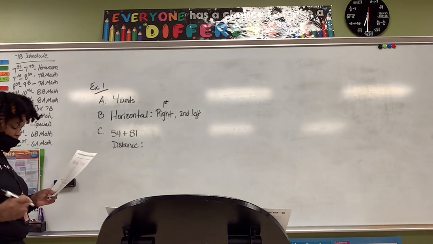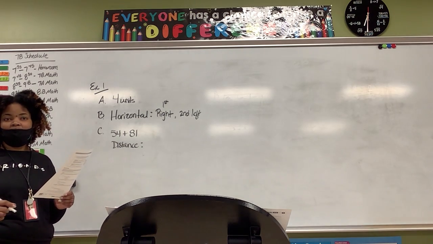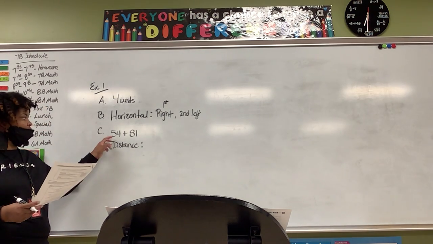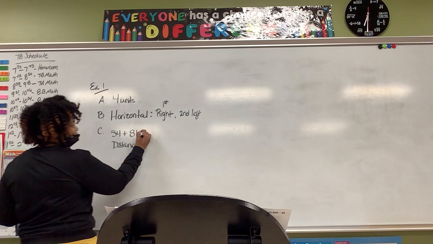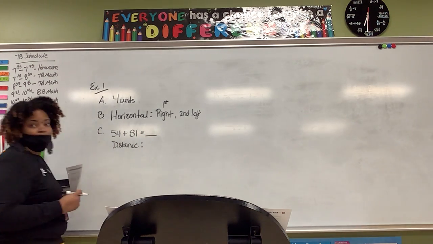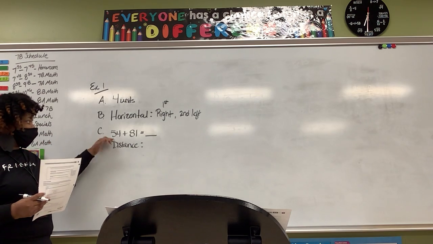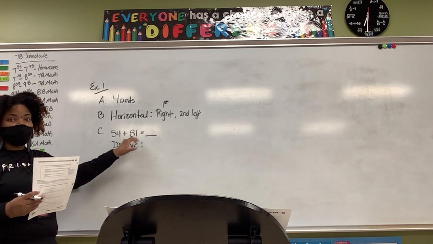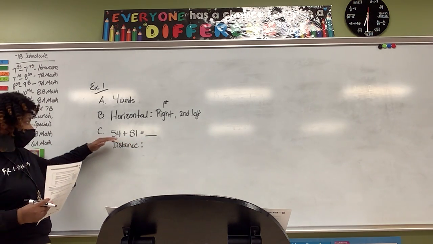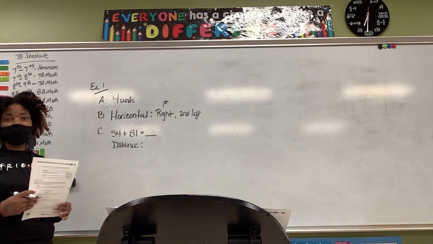How many units would the distance be? 54 plus this gives us this. They want to know the distance between here and here.